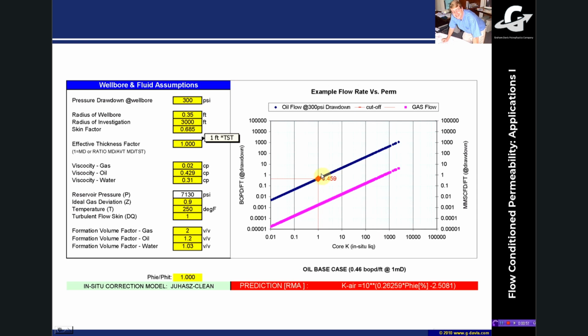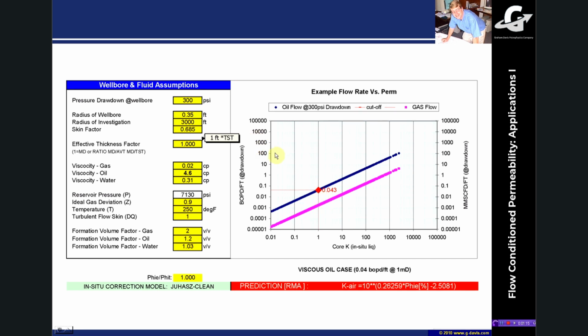Doesn't seem too unreasonable. Now if I increase the viscosity of the wellbore fluids, that's of the oil, so I make it a much heavier, more viscous oil, obviously the flow rate drops. I'm down to about a tenth of the flow rate because the viscosity is increased, and for that given drawdown, the flow rate drops.